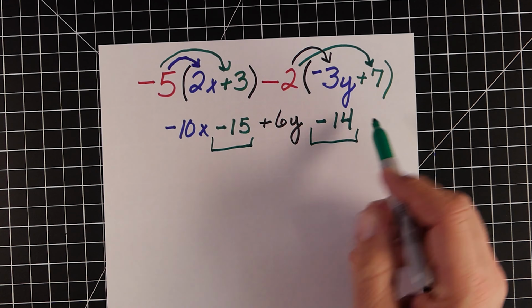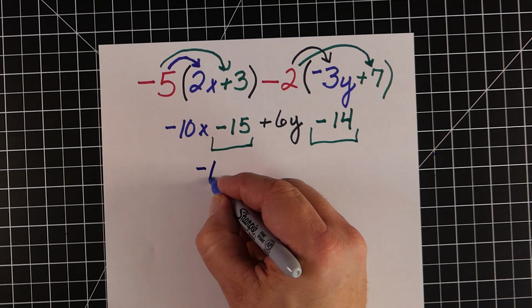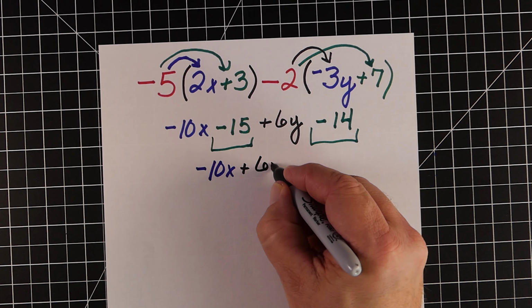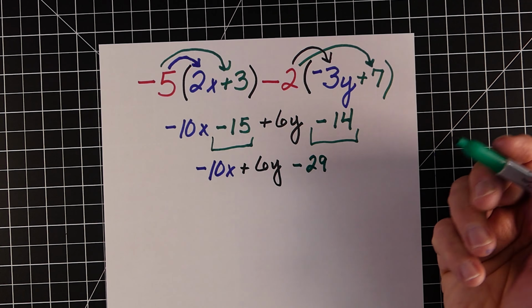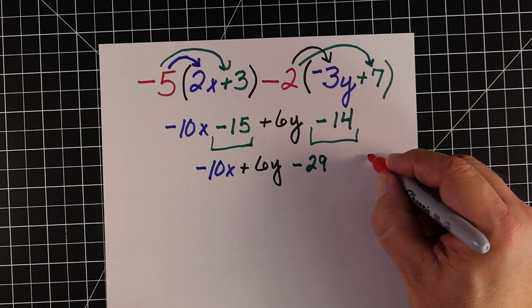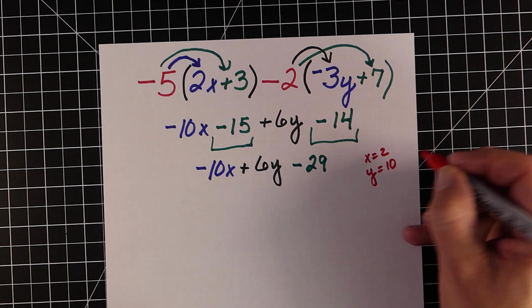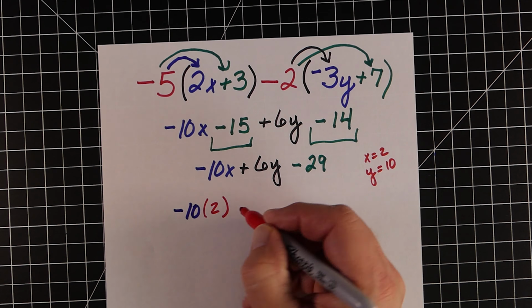But in this situation, we actually can combine the two numbers here that don't have a variable. So we're going to keep the negative 10x, because there's one of those, and we're going to keep our positive 6y. But we're going to combine a negative 15 and a negative 14, which would be a negative or minus 29. So if we wanted to evaluate this, let's say just for example, x was 2 and y was 10.